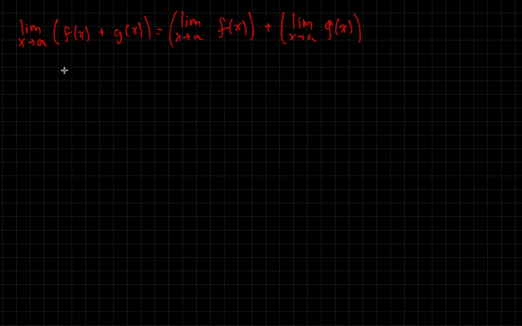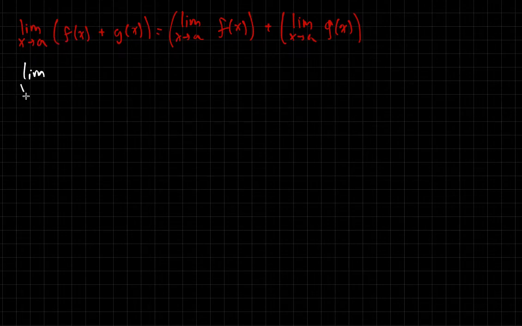So the next property says that the limit as x approaches a of f of x plus g of x equals two separate limits: the limit as x approaches a of f of x plus the limit as x approaches a of g of x. So again, I'm going to try and help illustrate this property by using an example.